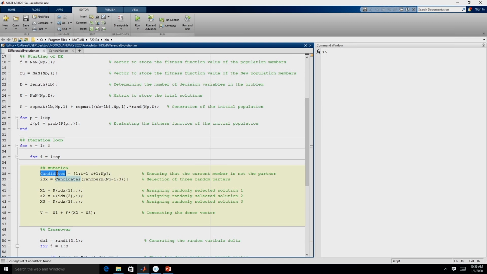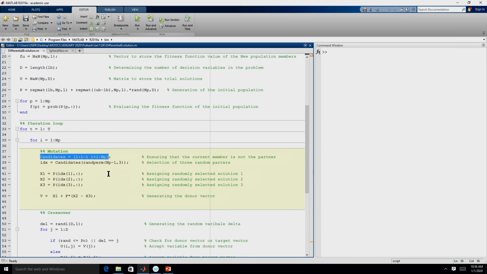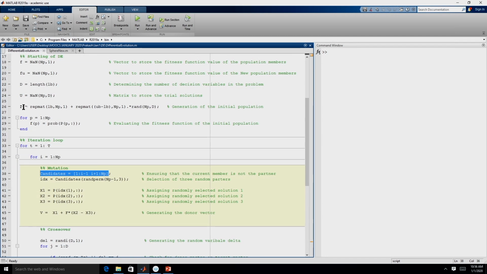So, we have generated a vector which contains the indexes of all the population except for the ith member. This is the list of potential candidates from which we can select the random solutions. Remember, these are not the entire solution vectors, but just their indexes. The solution vectors themselves are stored in P. Right now we are only identifying the random solutions.